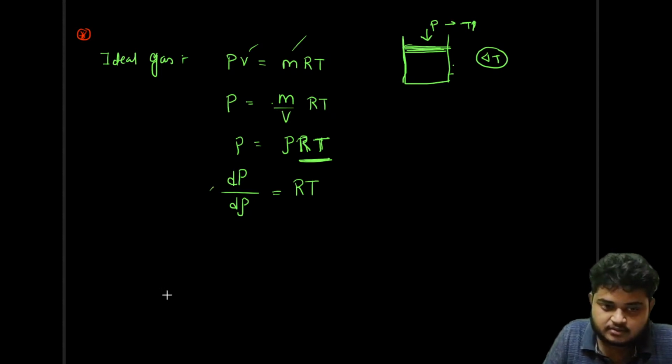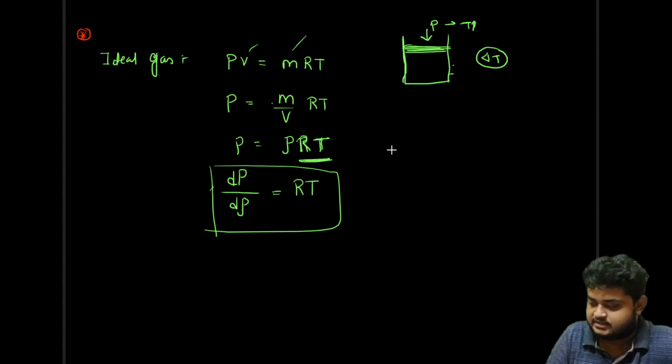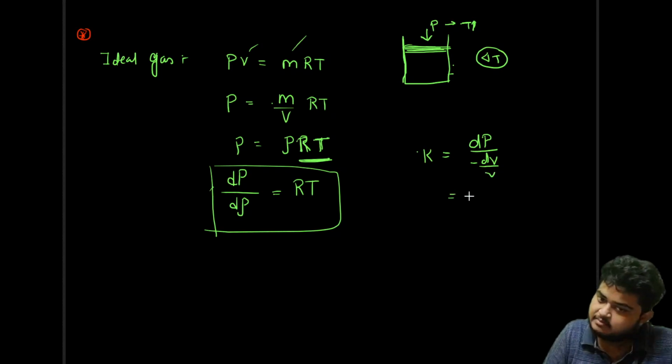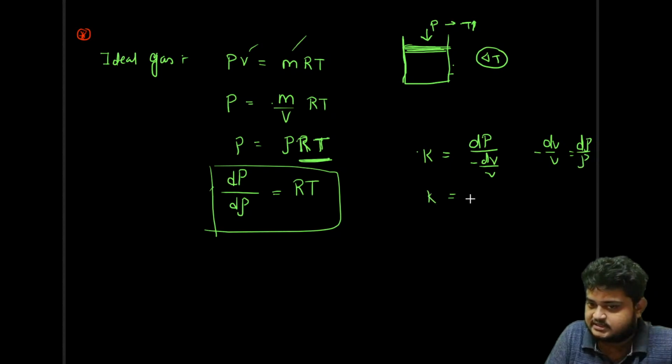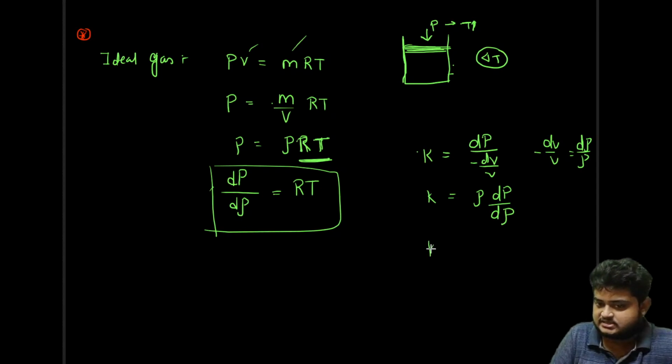Now we have this in our hand, right? If I want to calculate the bulk modulus, it is dP upon minus dV by V, but dV by V is equal to d rho upon rho. So we can write this as rho dP by d rho, and we have dP by d rho as RT.